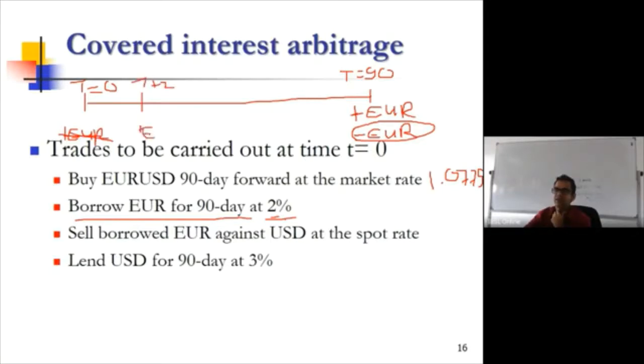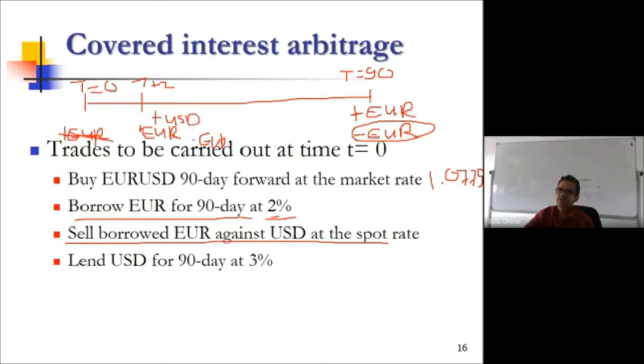You have a plus euro position here. Now what do you do? You want to create a negative position. Whatever the borrowed amount, you sell against dollar at the spot rate. So you borrow and sell that amount. Then that will create a plus dollar position.